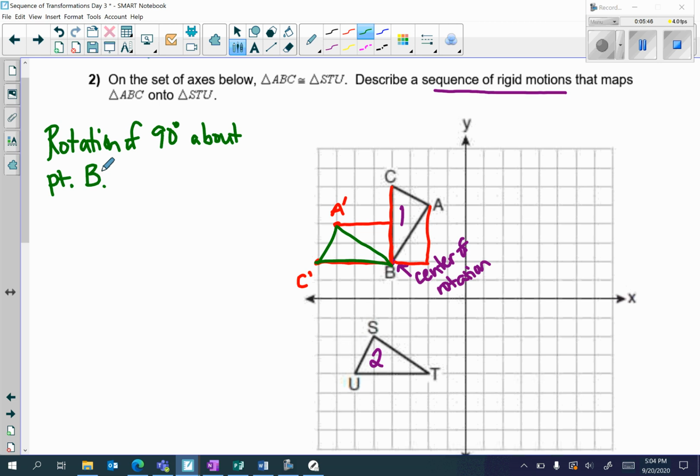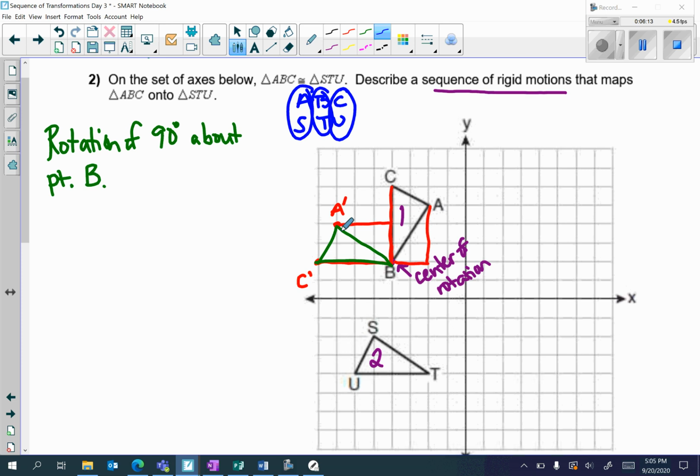Then how do I get triangle A prime, B prime, C prime to triangle STU? So let's remember that ABC and STU, we can line up the letters. How do we get A to go onto S, B onto T, C onto U? So let's see.